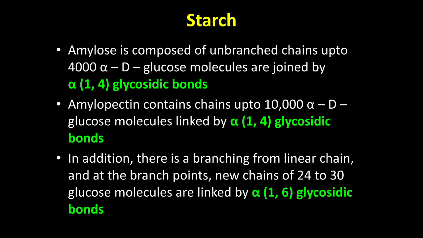In addition, there is branching from the linear chain of amylopectin, and at the branch points new chains of 24 to 30 glucose molecules are linked by alpha 1,6 glycosidic bonds.